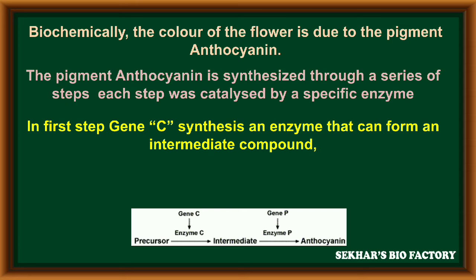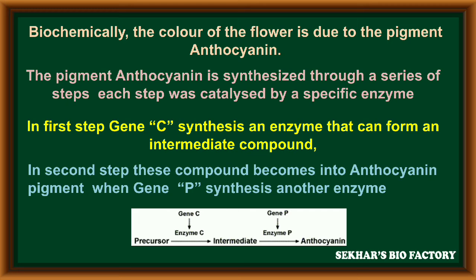In the first step, the gene C, because of the dominant condition, if the capital C dominant allele is present in gene C, it can synthesize an enzyme called enzyme C. With the help of enzyme C, the precursor becomes an intermediate compound, but it is still not converted into anthocyanin.